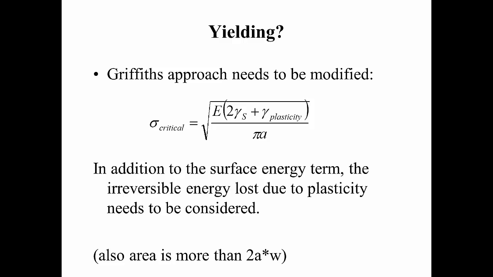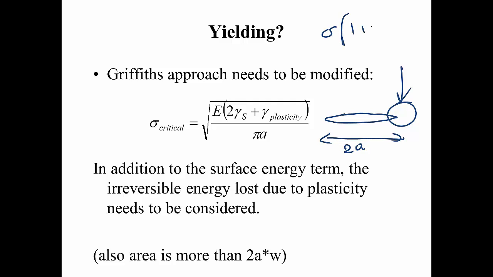In the context of the stress amplification that we had discussed, if you have a crack of size 2a, the stress at the tip of the crack becomes proportional to this factor, where rho is the radius of curvature at the crack tip, and a is the half length of the crack. So if this is very large, plasticity should take place in front of the tip of the crack, and that has to be taken into account.